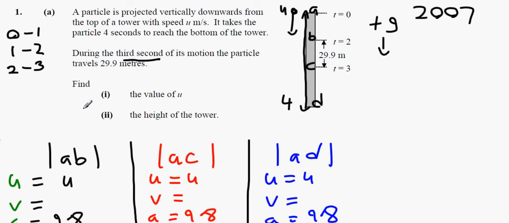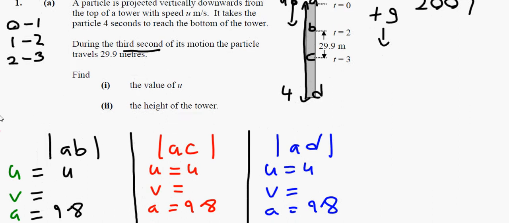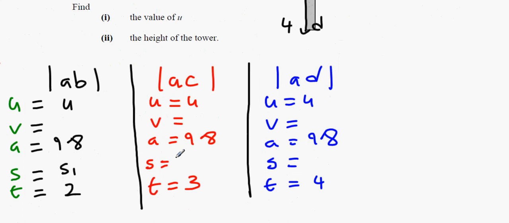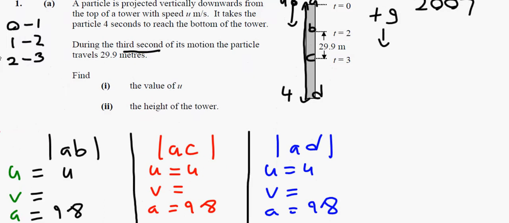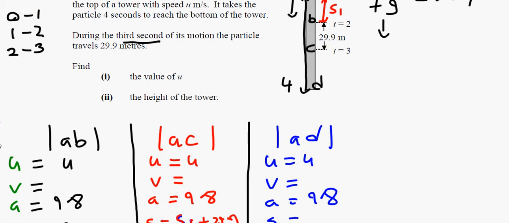So we know that the distance during the third second of its motion is 29.9 meters. So then we know that A to C is S1 plus 29.9, because it travels both of them. So let's try and do this now.